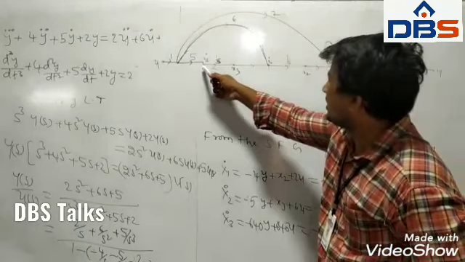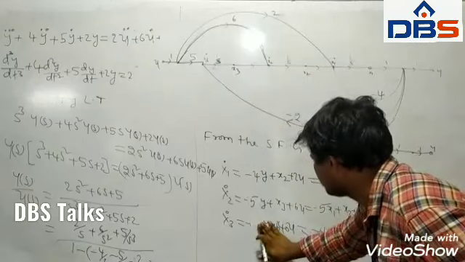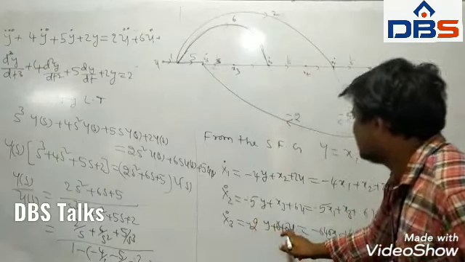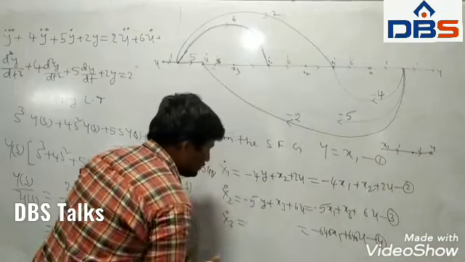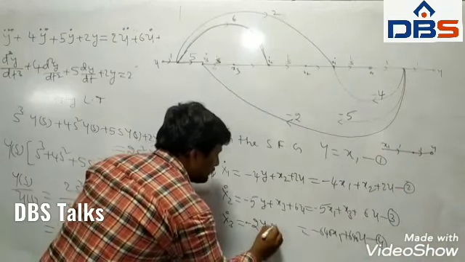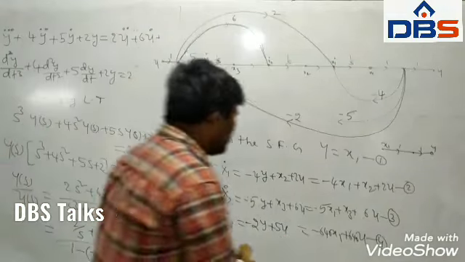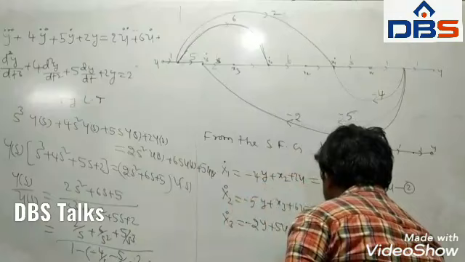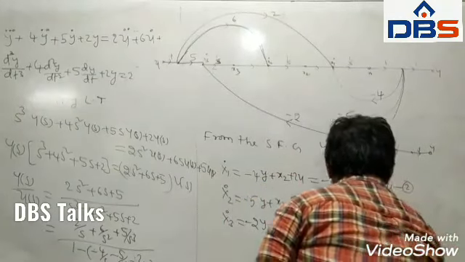And last, x3 bar equals minus 2y plus 5u. So minus 2x1 plus 5u. So this is equation 4.